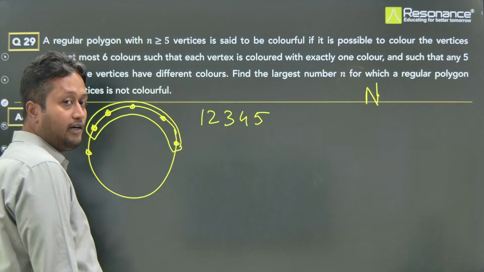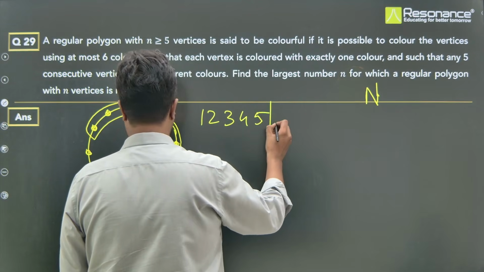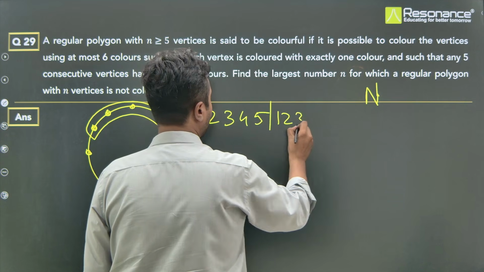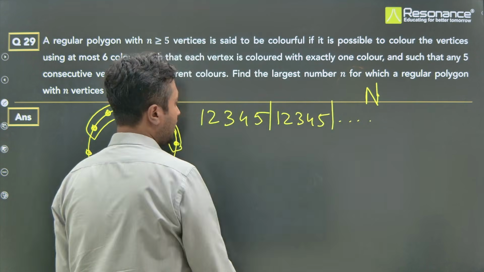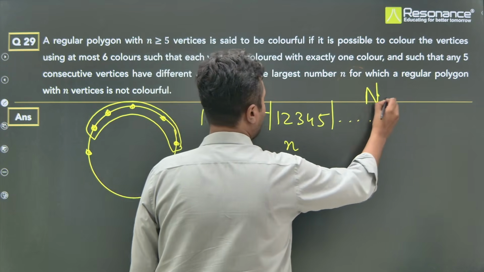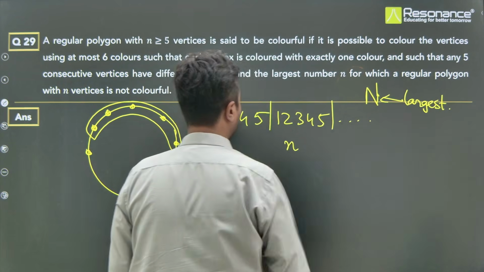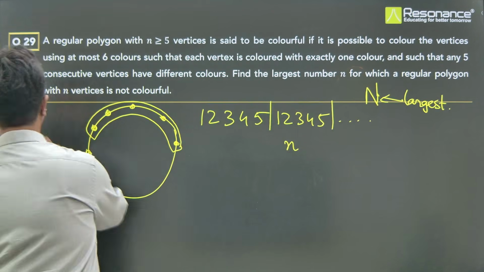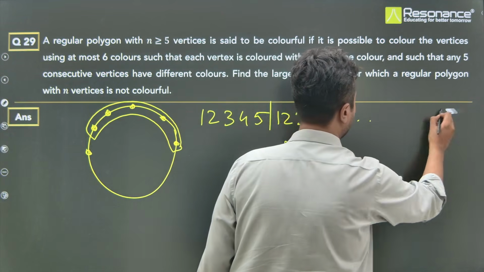Suppose I use 1, 2, 3, 4, 5, and then I just keep using 1, 2, 3, 4, 5, 1, 2, 3, 4, 5, and so on. I won't need this capital N, that was just to explain the point.